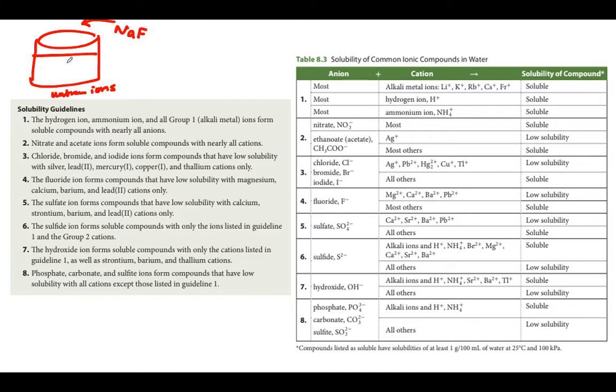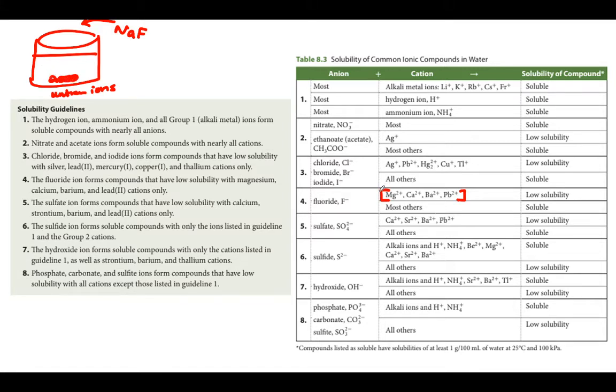When NaF is added, if this mixture forms a precipitate, then I know that one of these four different cations might be present in that mixture. Because when magnesium fluoride is formed, it has a low solubility. So it's not just going to mix into the ions, it's going to form a solid.